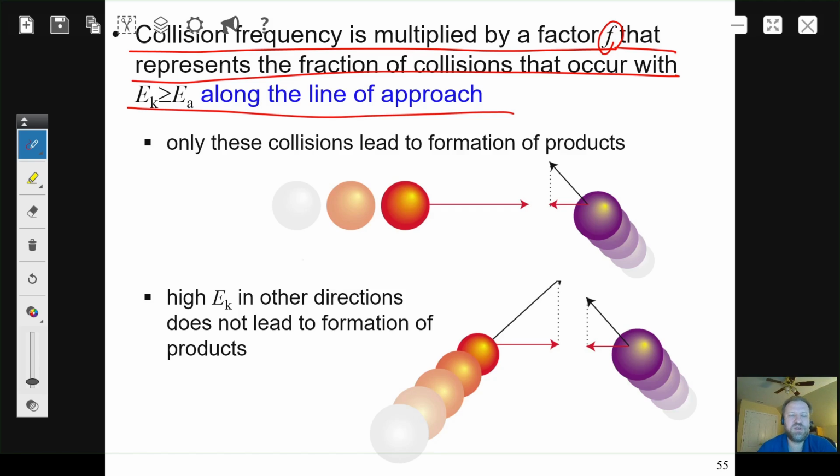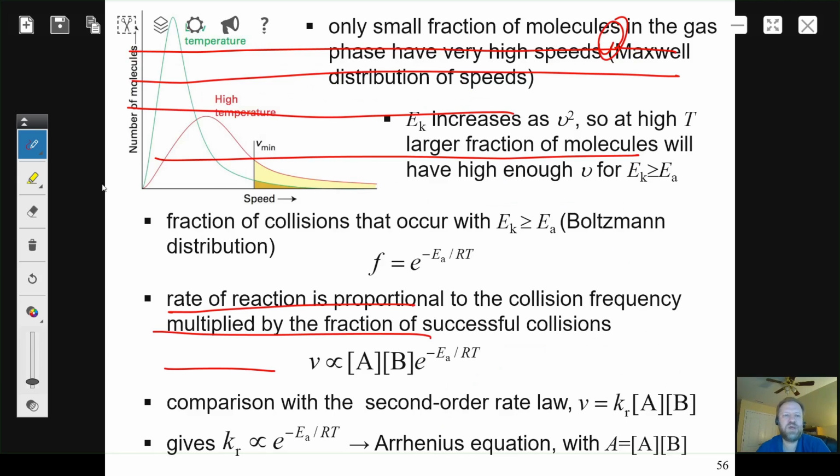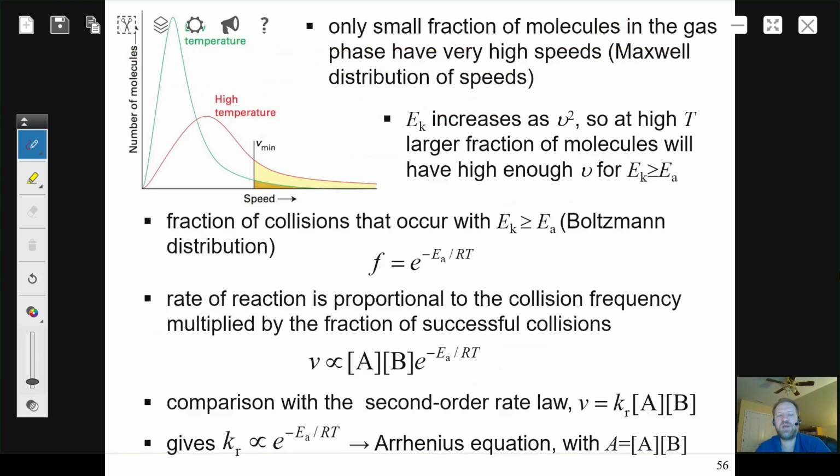Indeed, only those collisions that have enough kinetic energy along the line of approach will lead to formation of products. High kinetic energies in other directions do not lead to formation of products. The question, of course, is how to estimate, how to calculate that factor F. Well, in order to do that, we go back to the Maxwell-Boltzmann distribution of speeds.